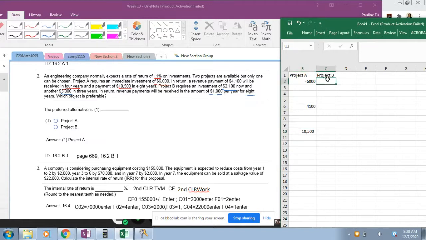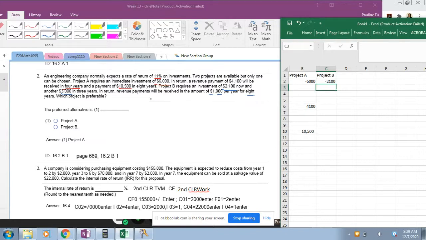Now project B. B requires an investment of 2,100. This is negative number, money outflow. And another 3,000 in 3 years.